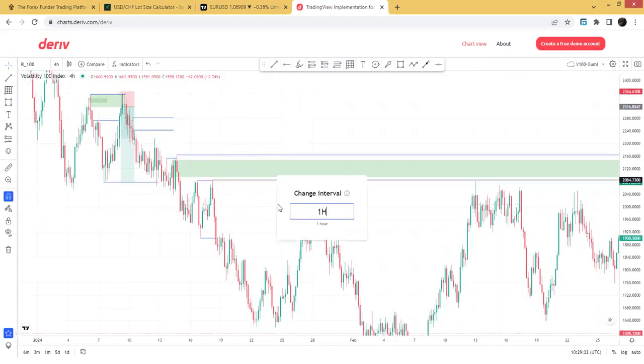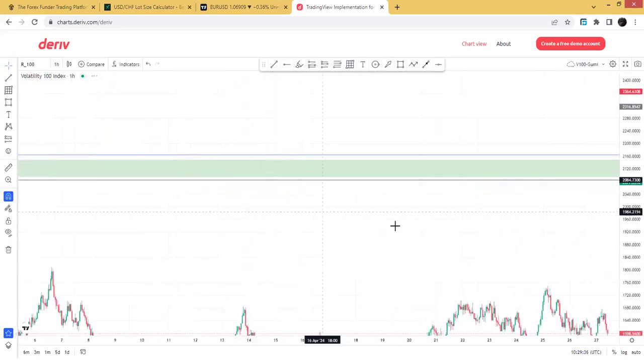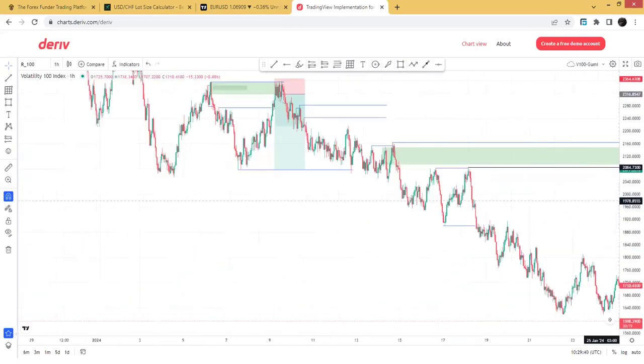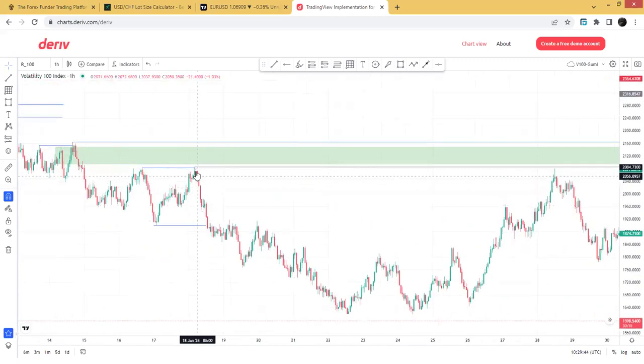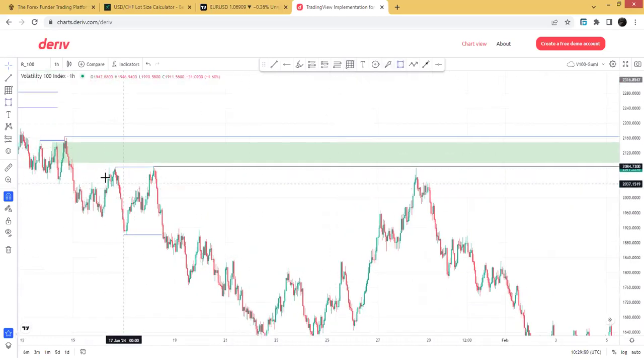Now let's drop down to the 1 hour time frame. Okay, this is another trading range right here. I could mark out my last green candle all the way.